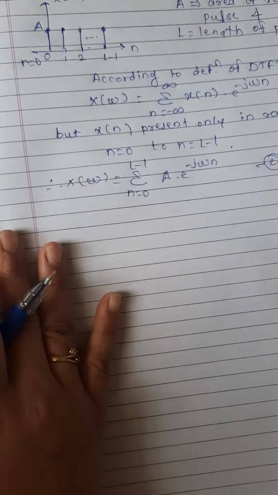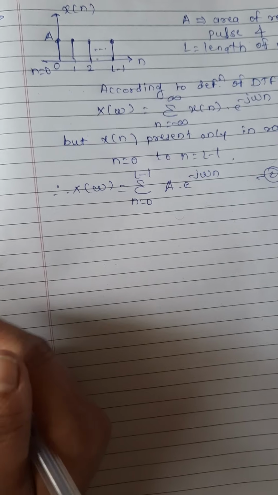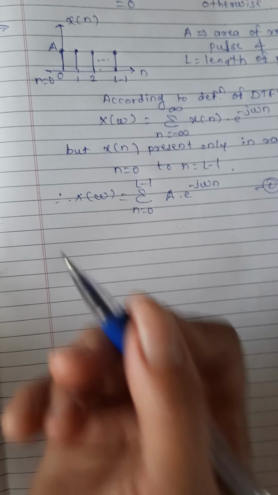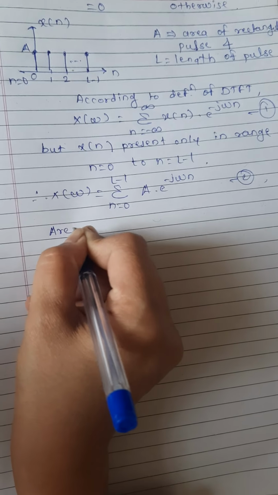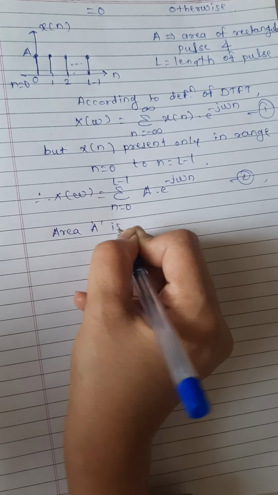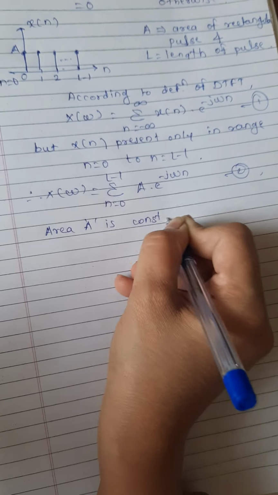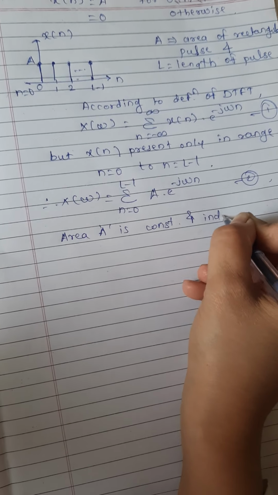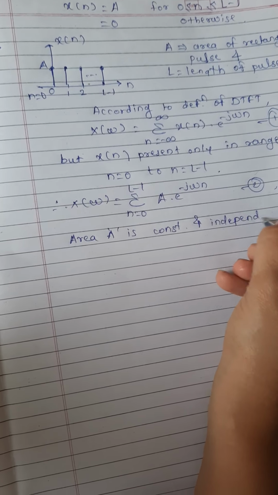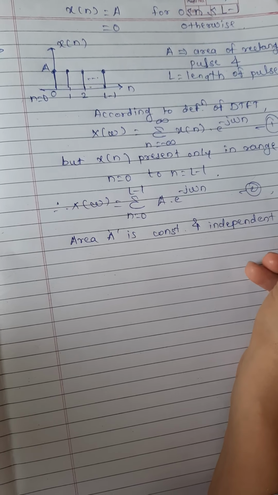Now next, here the area A is constant, okay, area is constant and it is independent of the limits of summation.